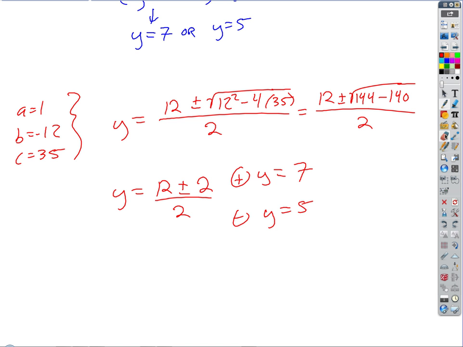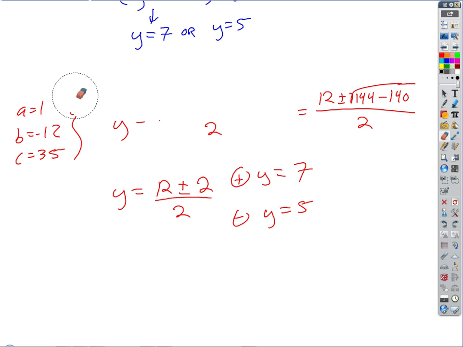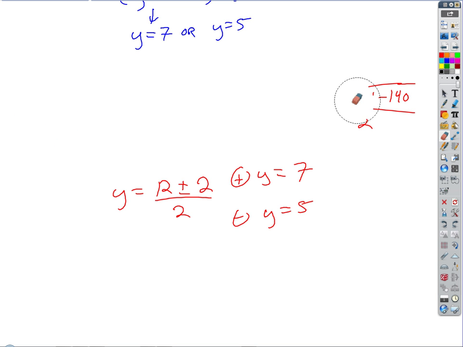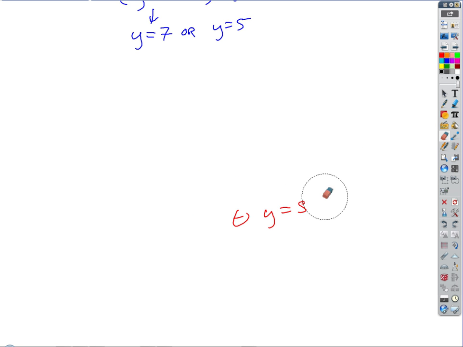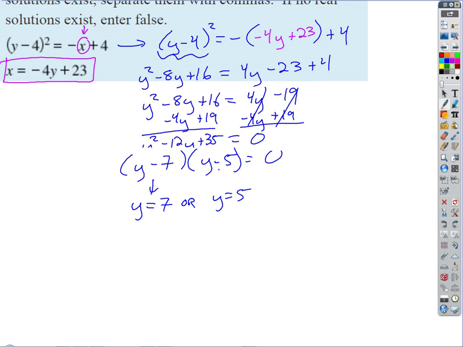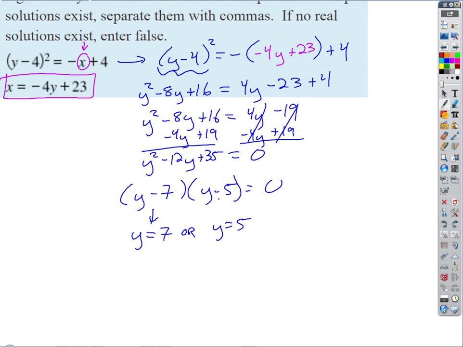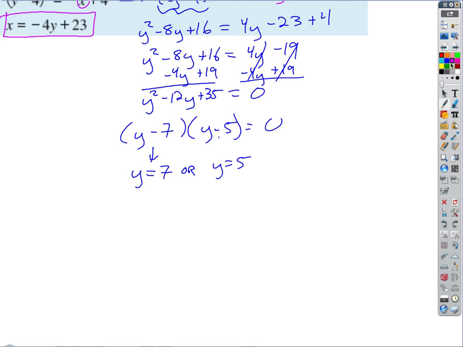Okay, so whichever method we use, once I find the solutions for y, then remember all we've got to do is go back into our substitution equation and find the corresponding values of x. So when y is 7, then x would equal negative 4 times 7 plus 23.